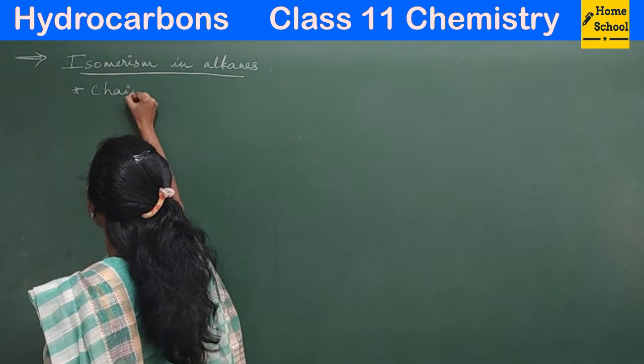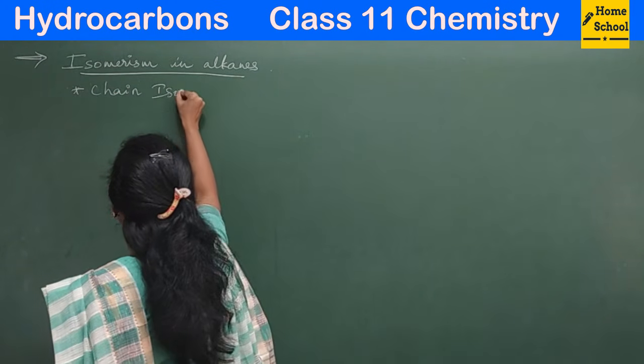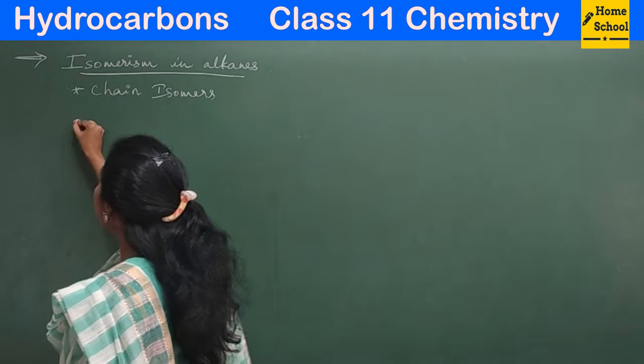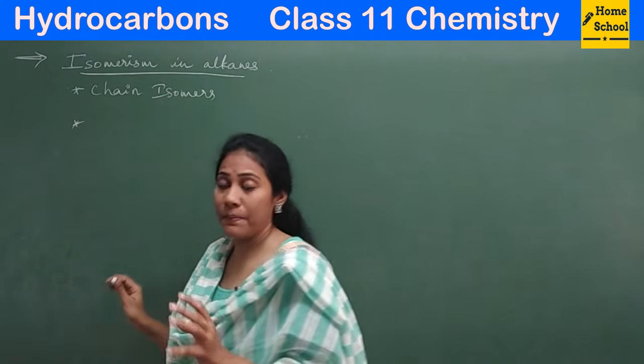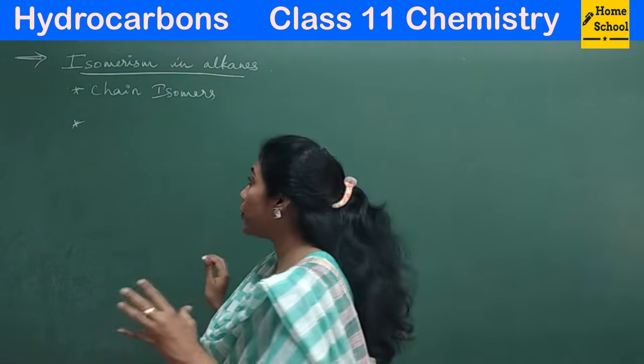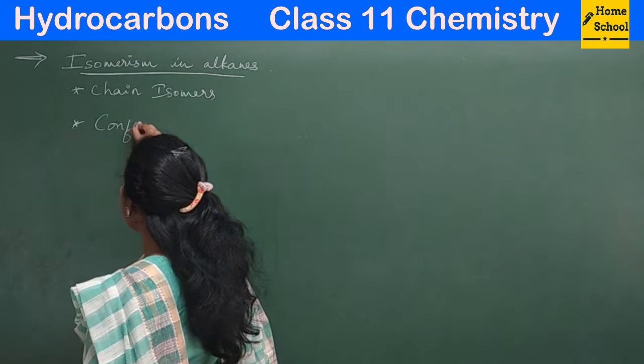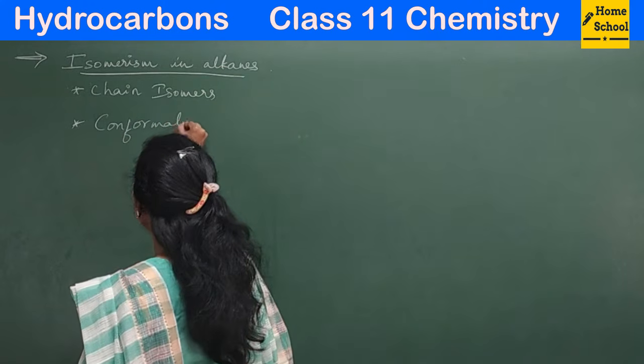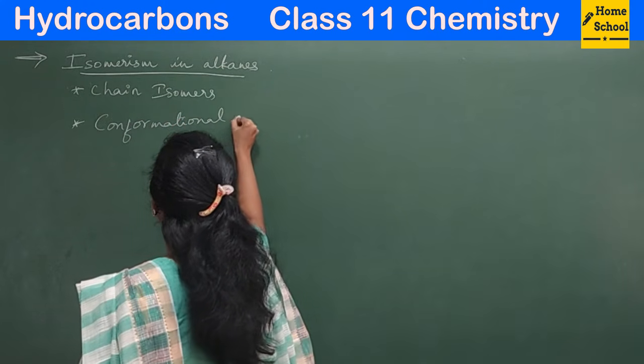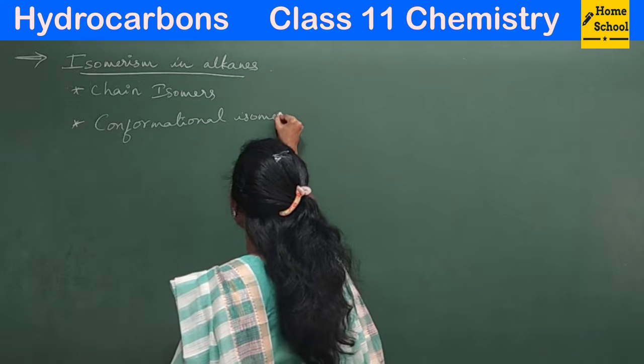The first variety is chain isomers. The second variety is conformational isomers. This is really very important.